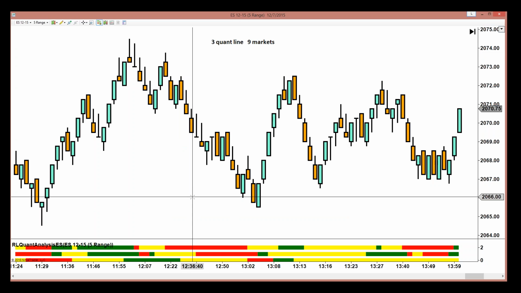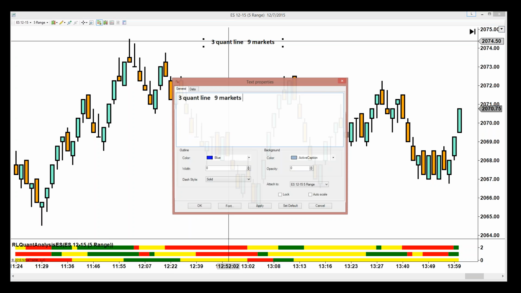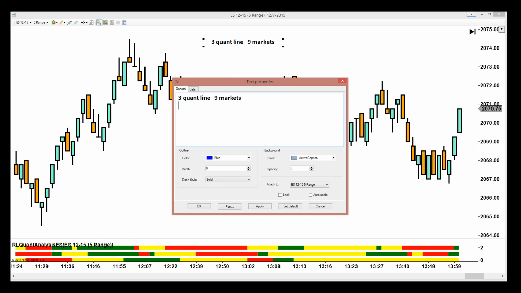And all of these markets, all 9 of them, correlate in direction with that of the ES, with a correlation coefficient greater than 0.7 or 70% of the time.